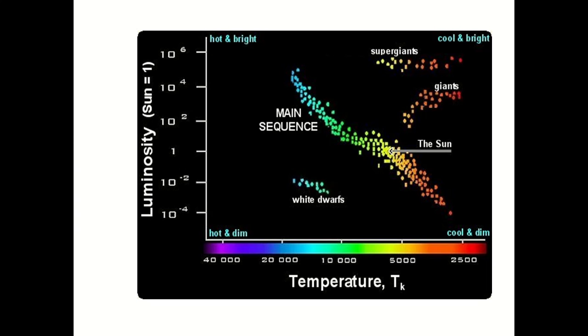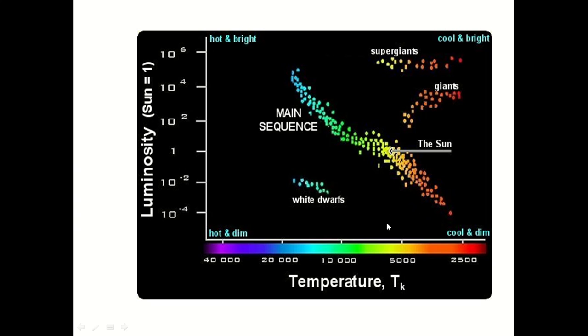In this plot, it is found that almost 90% of the stars lie along a narrow and long band which runs diagonally from the top left corner, consisting of hot, very luminous stars, to the lower right corner below, which contains the cool and faint stars.